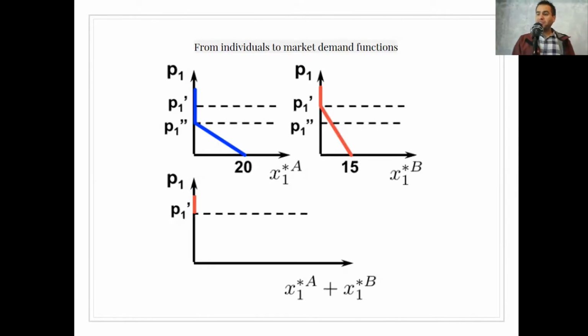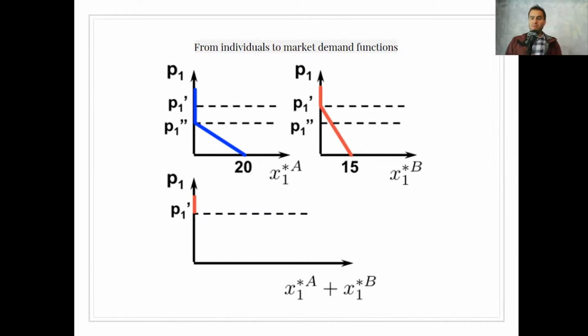If the price of the good X1 is above P1 prime, we saw from the individual demand curves that neither person A nor person B would be willing to buy any units. As you see from the blue graph, at P1 prime, person A buys 0 units of that good.